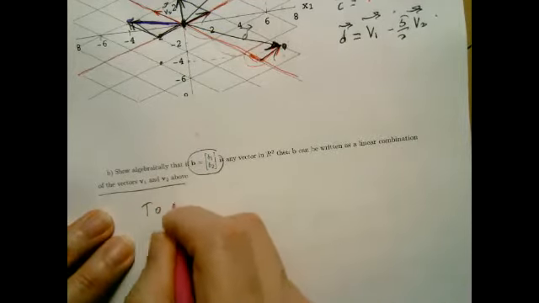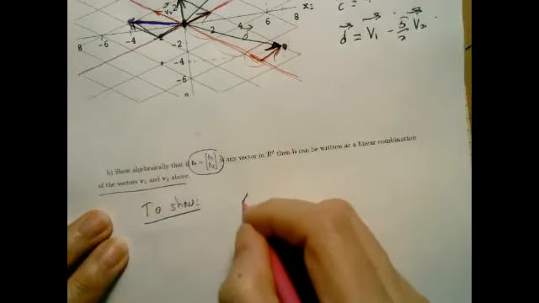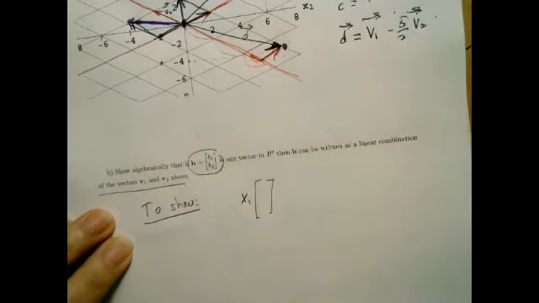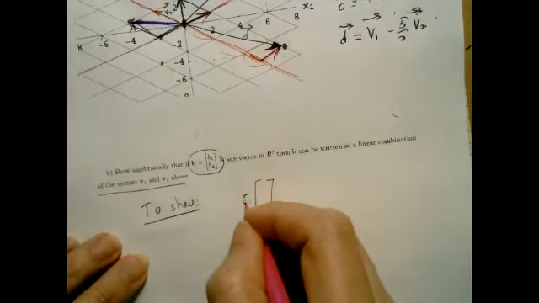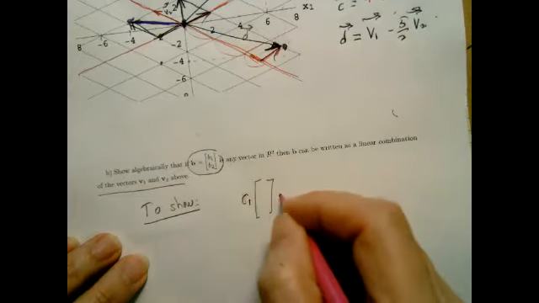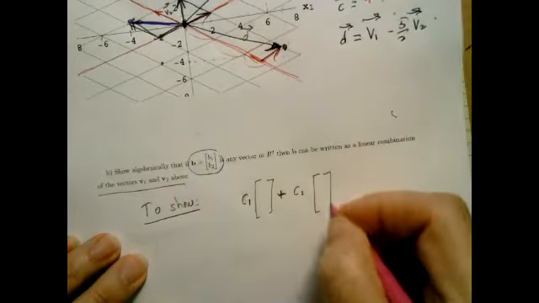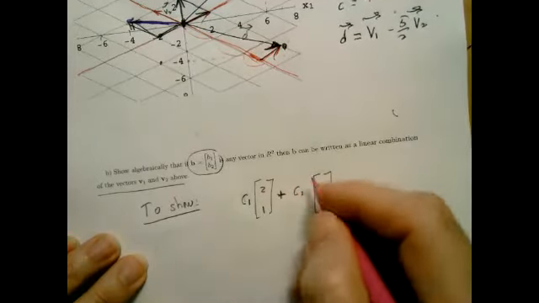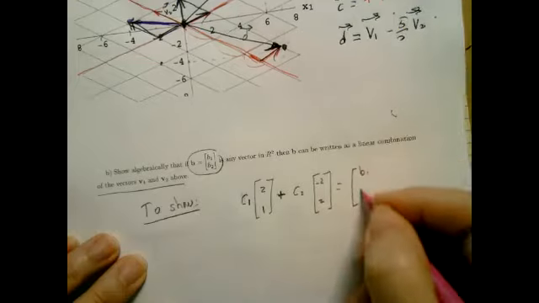It means you have to show the following, that if I take this equation, whether I call those coefficients x1 or c1, it doesn't really matter. So I have to show that this equation, c1 or x1, those are scalars, times V1 plus c2 times V2, this is (2,1), (-2,2), equals (b1,b2).